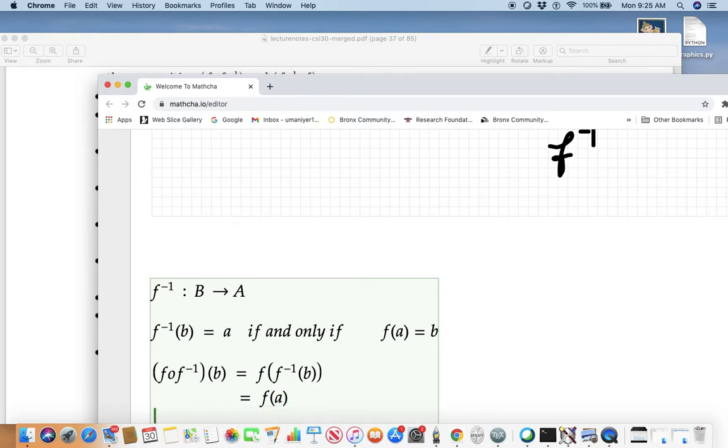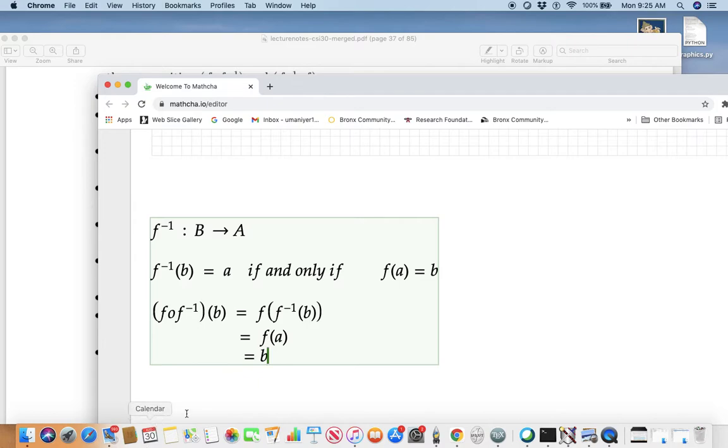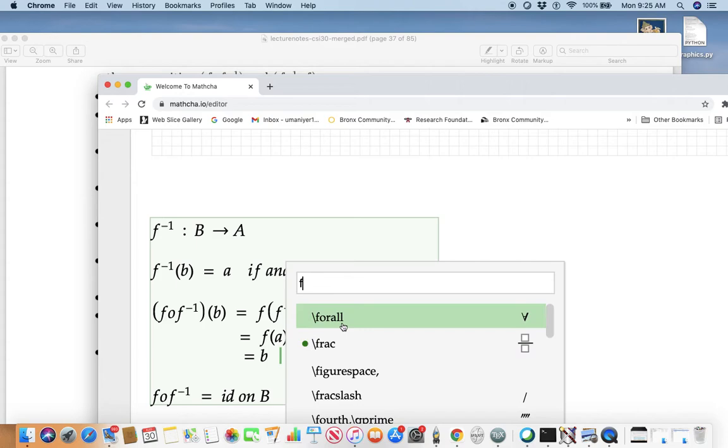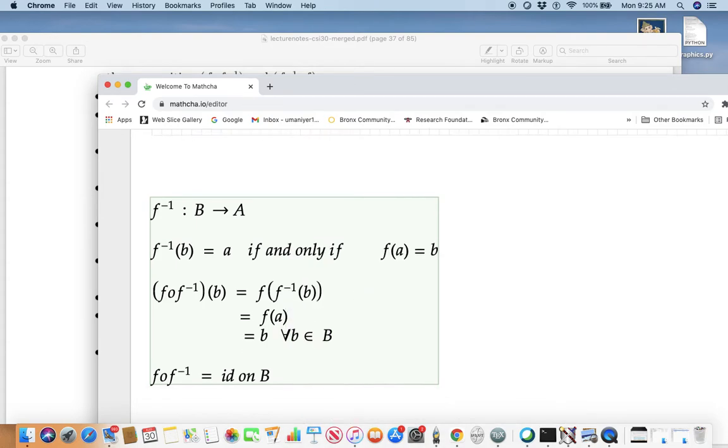Well, what is f of a? A is a pre-image of b, so f of a is b. So what does that say? f∘f inverse is actually the identity map on B, because for every capital B, I get little b back. So this is for all b in the set B.